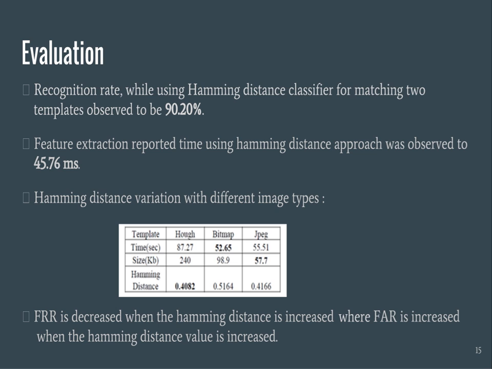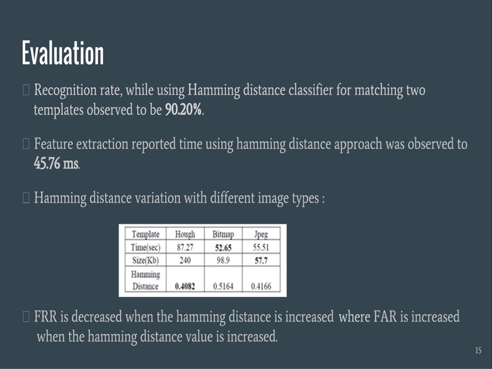So you might wonder what FRR and FAR mean. Basically, FRR is the fraction of the number of rejected client patterns divided by the total number of client patterns, and FAR means the fraction of the number of accepted client patterns divided by the total number of client patterns.